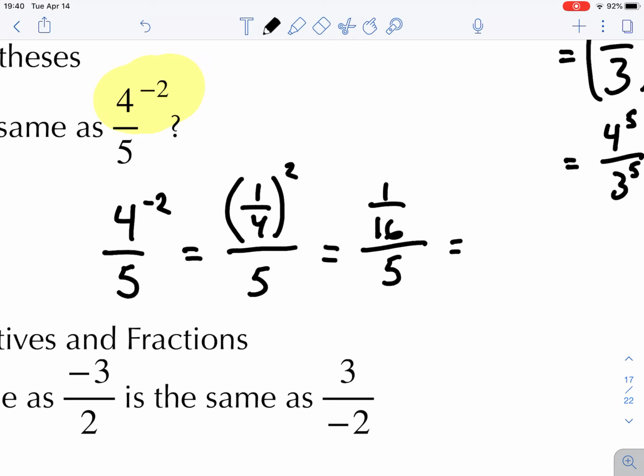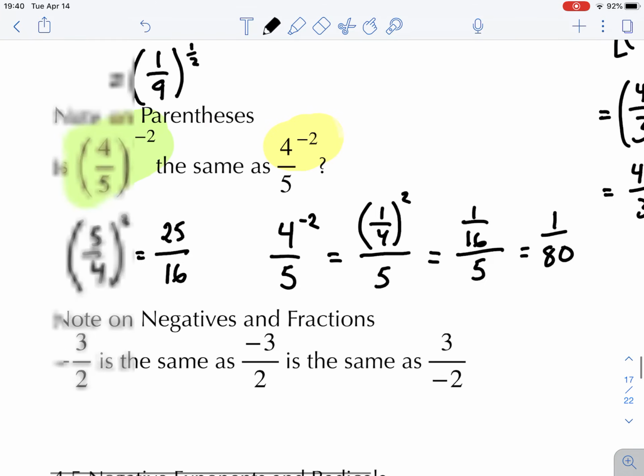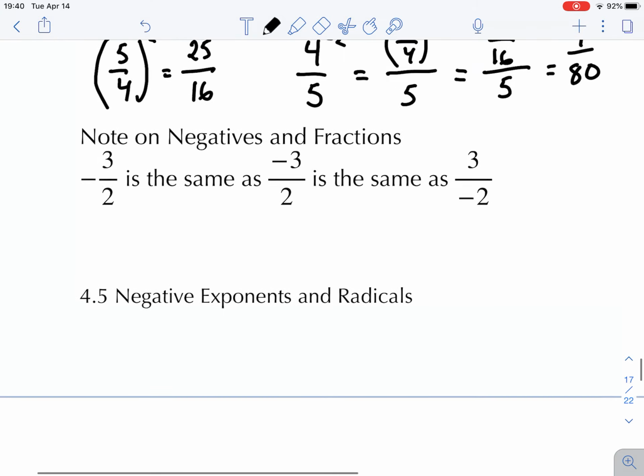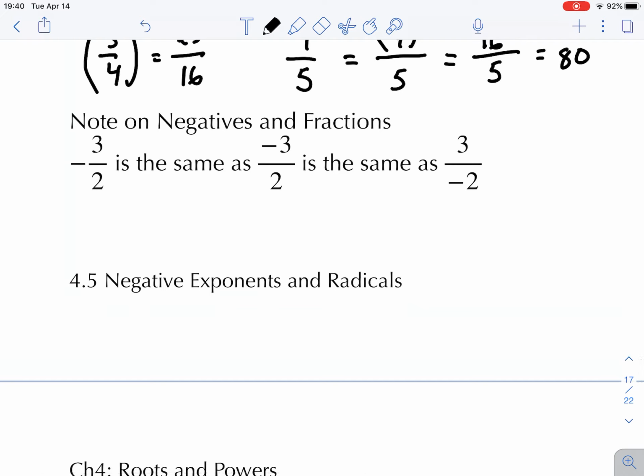And what's 1 over 16 over 5? Well, quite simply, that's going to be 1 over 80. You can just kind of squish the denominators together and you get the answer, 1 over 80. These two are definitely not the same thing. Make sure you know about parentheses. Make sure that you use parentheses properly.